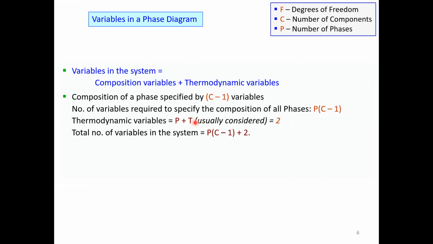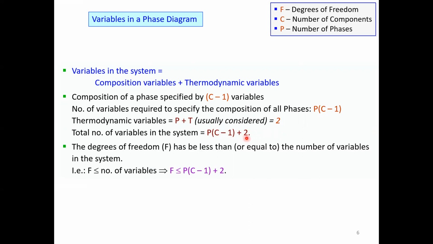Okay, so these can be taken into account. So the total number of variables available in the system that can potentially be varied is P times C-1 plus 2. The degrees of freedom can at most be equal to this much, but usually it will be less than this number. Okay, we'll see why it is less than this number.